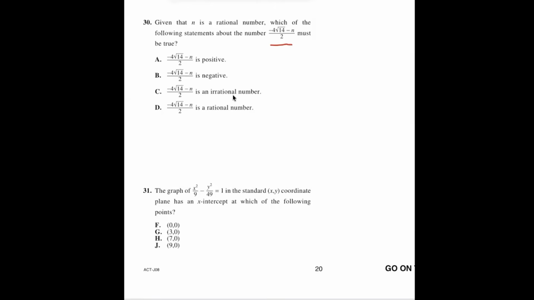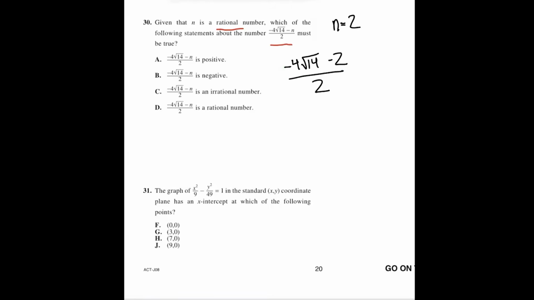So on number 30, we know that n is a rational number. Which of the following statements about the number with this crazy equation must be true? What's easier on this is to make n equal to a rational number and test it out. Let's pretend that n equals 2. In theory, it should work with any of them. So we go negative 4 square root of 14 minus 2, divided by 2.